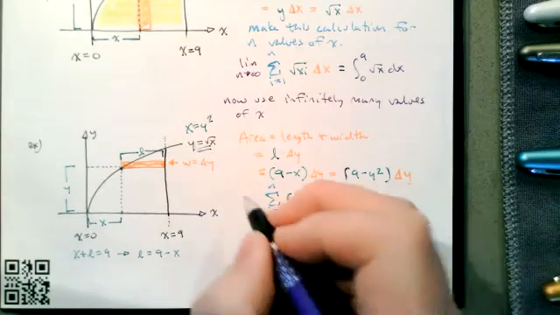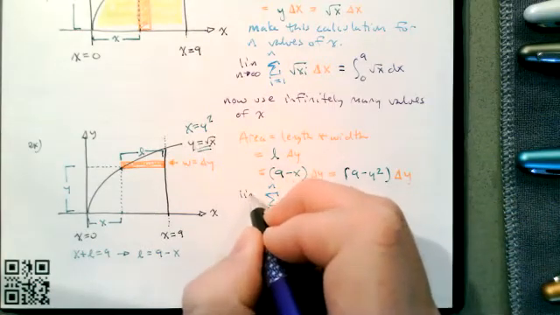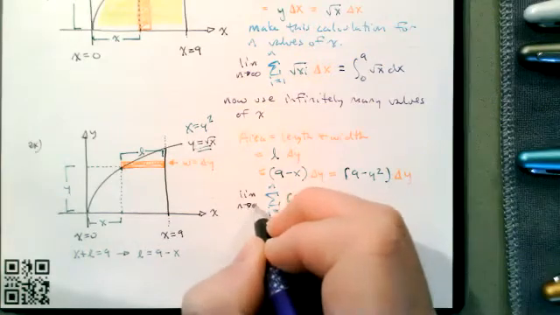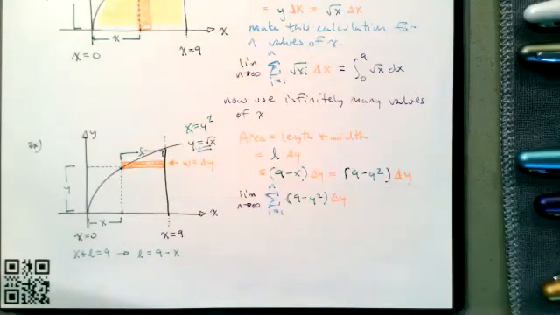And then we just use an infinite number of rectangles. We know that this Riemann sum becomes a definite integral. We just have to integrate over all the values of y.